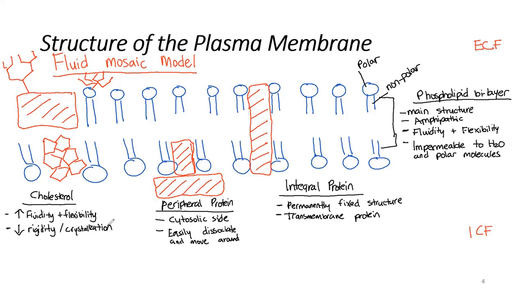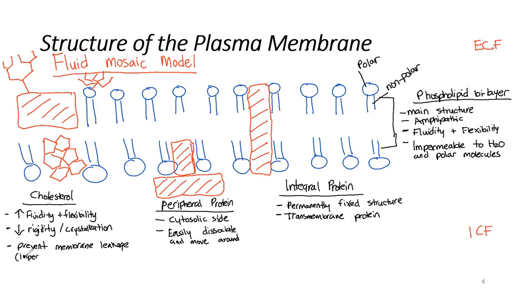It also prevents the membrane from leaking, so it kind of acts as a safety net, if you will, and prevents structures from leaking across the membrane. Okay. It is also impermeable to polar molecules and to water.